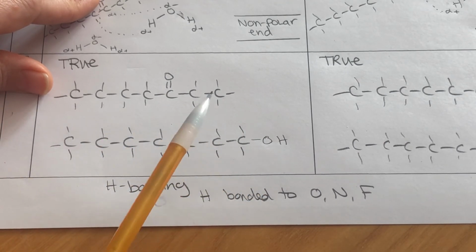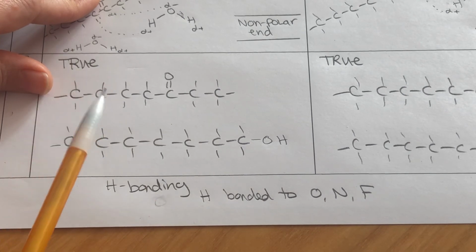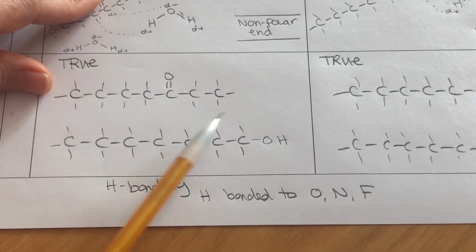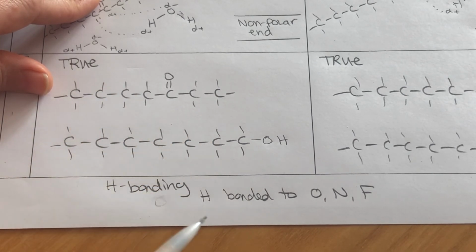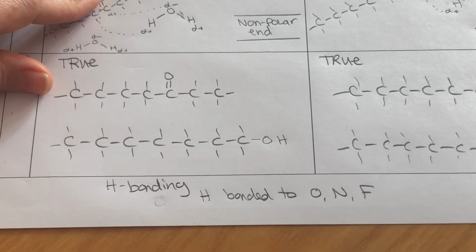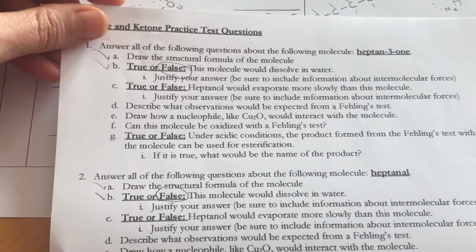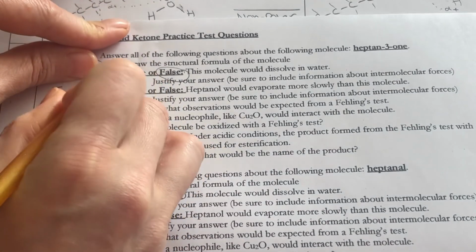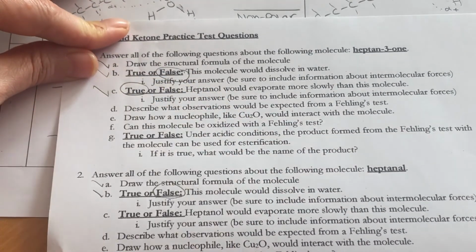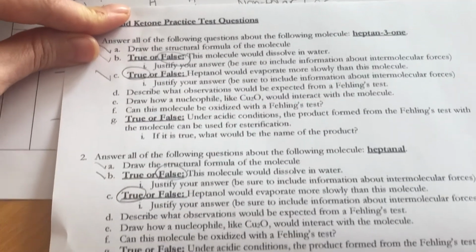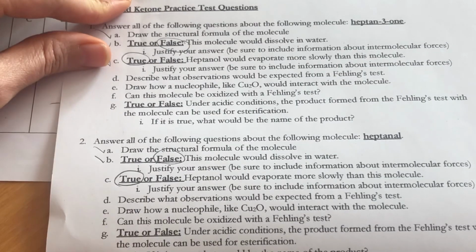Every molecule has London dispersion forces, but there is no hydrogen bonding here. There is not a hydrogen bonded to an oxygen, nitrogen, or fluorine. So that is number 1, A, B, and C. Number 2, A, B, and C. In this case this would be true, and this would also be true. Heptanol would actually evaporate more slowly.